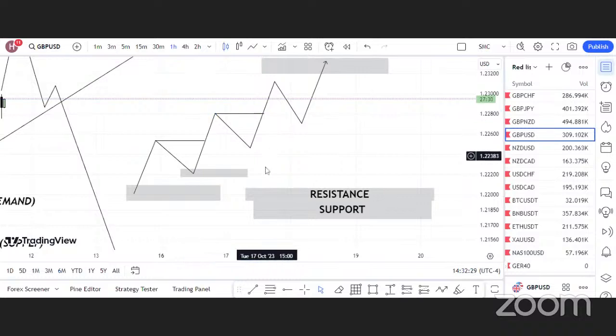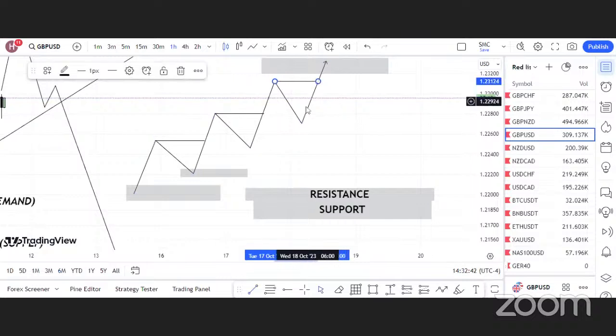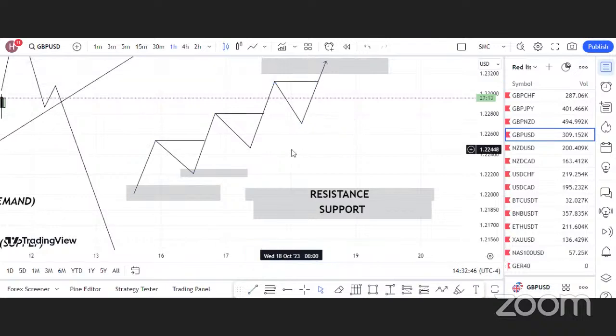So when the market is creating a buy structure, you want it to break a high before you buy. Or if a market is creating a low, a down structure, then you want it to break a low before you sell. So what I mean by breaking a high is, look at this market.